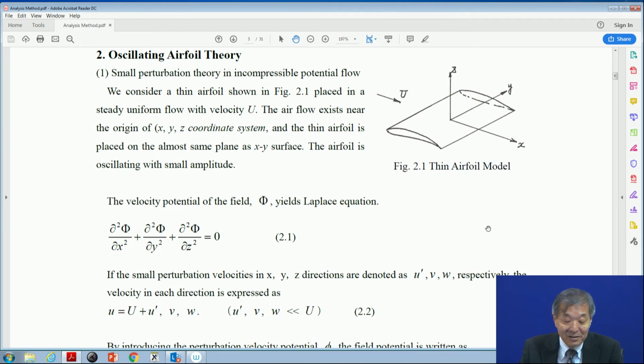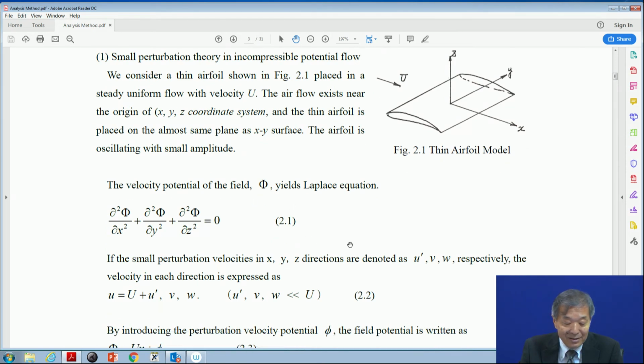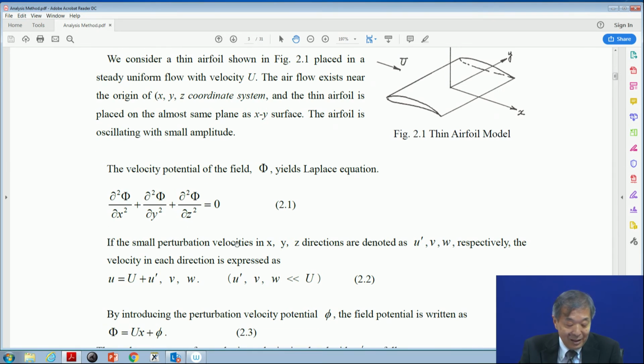And there is a velocity potential, capital phi. And this potential satisfies the Laplace equation 2.1. If the small perturbation velocities in the XYZ directions are denoted as u prime, v and w respectively, the velocity in each direction is expressed as this.